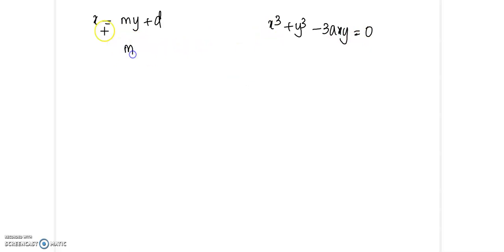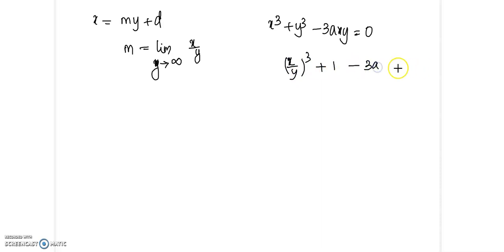So if you have an asymptote which is not parallel to the y-axis, m will be limit y tends to infinity x by y. So that is the value of m. Now we need to divide by y cube. So that will be x by y whole cube plus 1 minus 3a x by y into 1 by y.